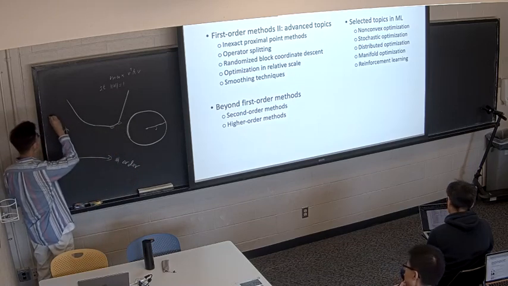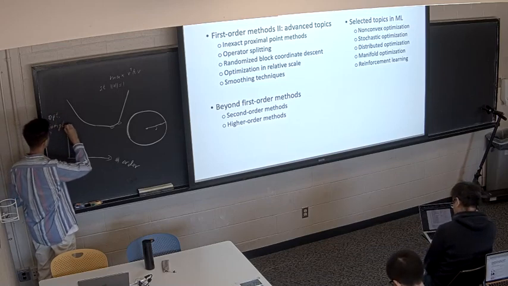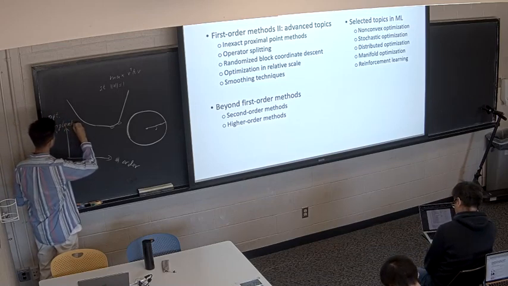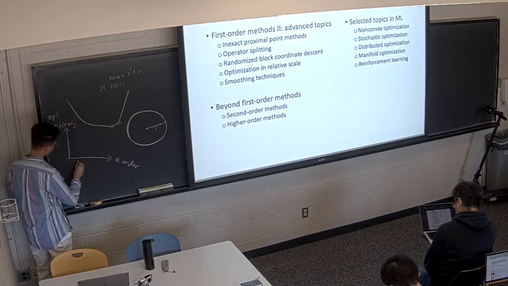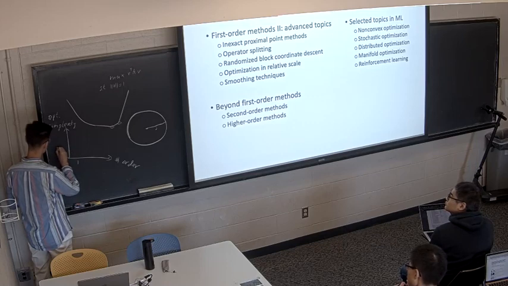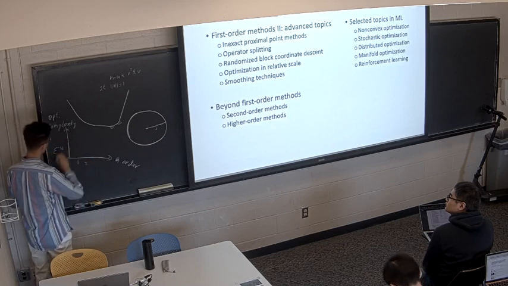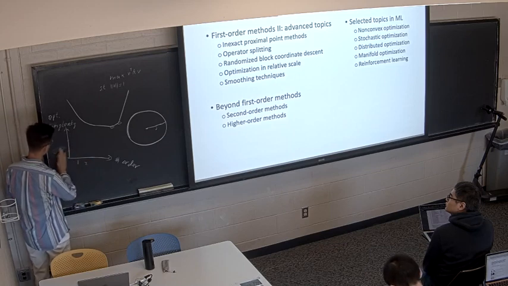This is the optimal complexity. If you want to do first order, then the optimal one will be epsilon to the minus 1/2.